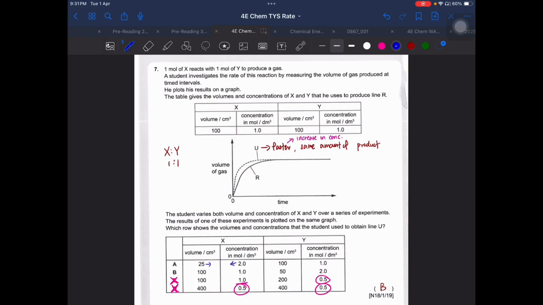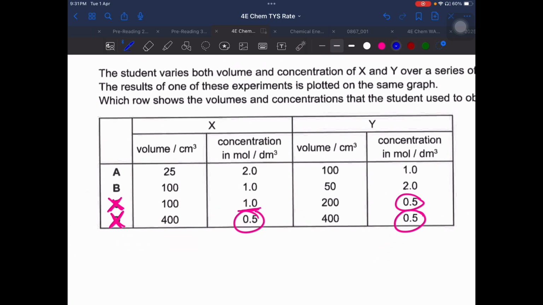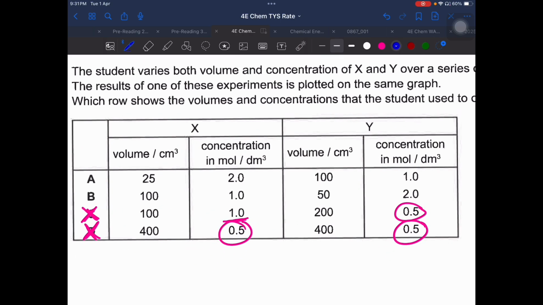So for X, if you go with option A, we calculate the mole of X as well as Y. If you have 25 cm cube at 2 mole per dm cube concentration, your mole will be 25 over 1000, multiplied by 2, that is 0.05 mole. Then if you have 100 cm cube multiplied by 1 mole per dm cube, your mole will be 0.1 mole.